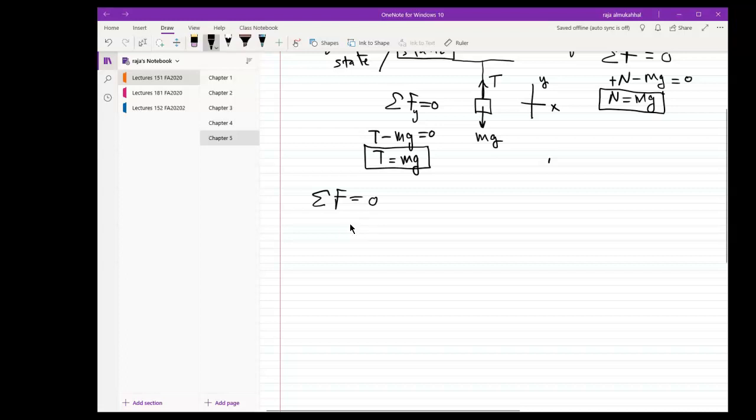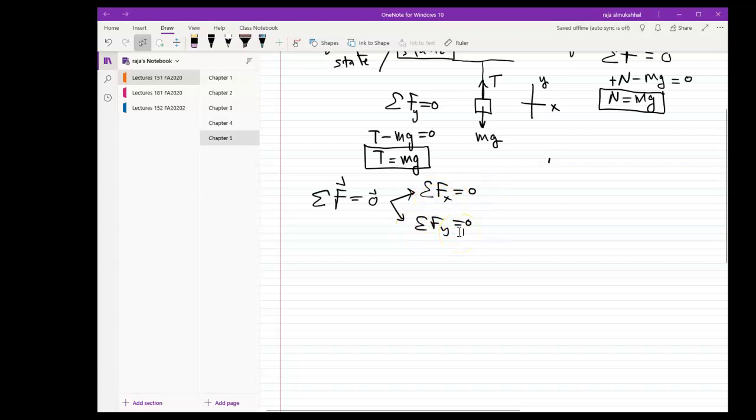So this equation, if I put a vector notation on it, really has two components. One, sum of the forces in the X direction equals 0, and sum of the forces in the Y direction equals 0. And when I deal with a problem, especially a two-dimensional problem, which we're going to do in a second, you want to split this equation into two components, the X component and the Y component, okay?